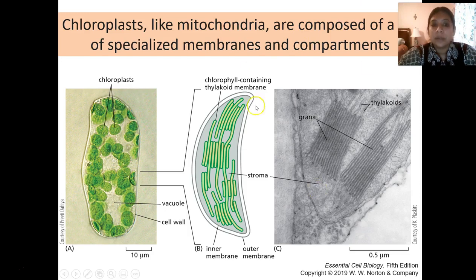However, right away you can notice that this inner membrane is not invaginating or creating those cristae structures that we saw in mitochondria that made that large space inside the center, which was the matrix. However, still, this region inside the inner membrane, the stroma, is actually very similar in some ways to that mitochondrial space and contains a lot of, it is again a very enzyme-rich kind of environment.